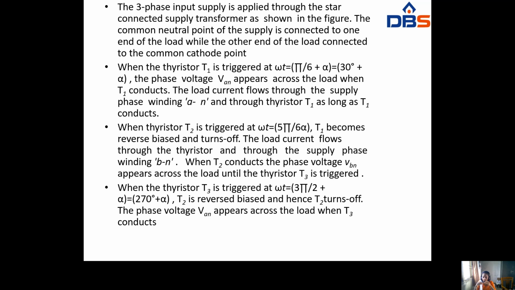When T2 conducts, the phase voltage VBN appears across the load until thyristor T3 is triggered. When thyristor T3 is triggered at 3 pi by 2 plus alpha, that implies 270 degrees plus alpha, T2 is reverse biased and hence turned off. The phase voltage VCN appears across the load while T3 is conducting.